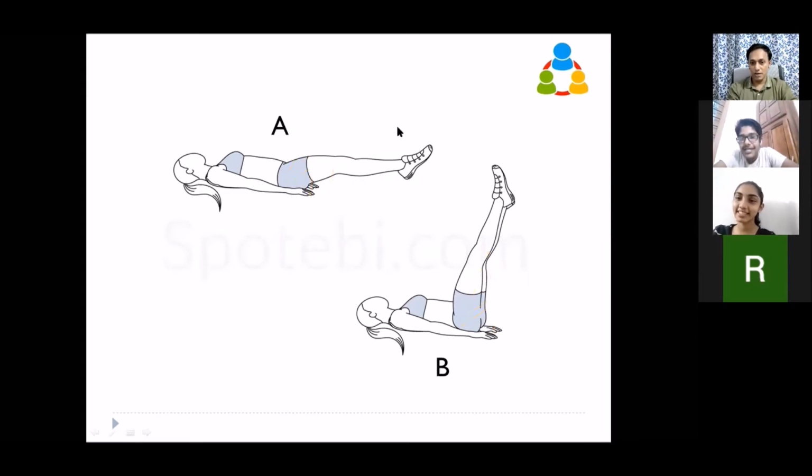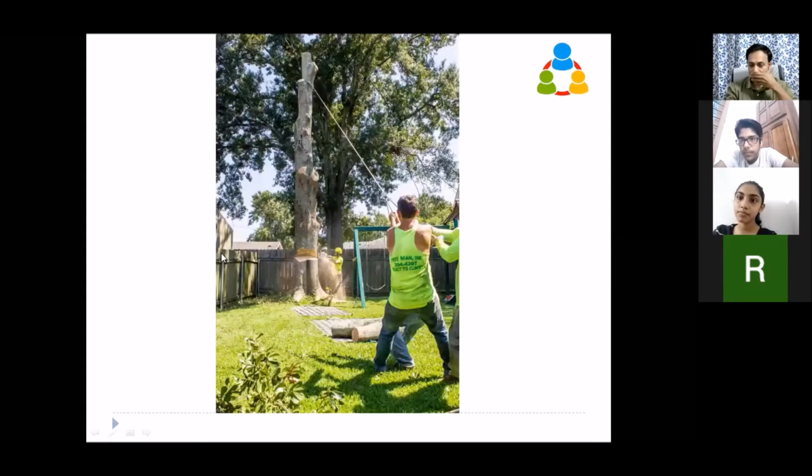Okay, so now this was where we got on from there, and then from there we came to this specific case, and in this specific case we again told, actually speaking, this person is trying to move the tree, trying to apply force like this to move it, but the force is getting applied in this direction, so there is an angle, so you won't get this full force here.